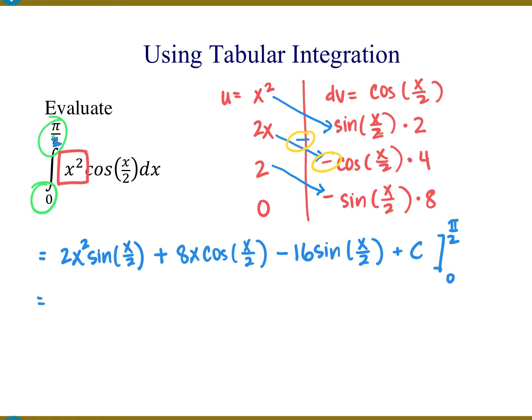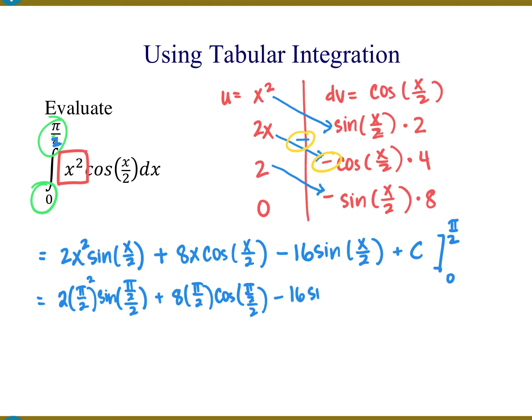So this would be 2 times pi halves plugged in squared times the sine of pi halves over 2 plus 8 times pi halves times the cosine of pi over 2 minus 16 times the sine of pi over 2 over 2, plus c.